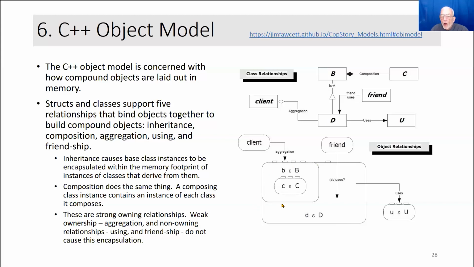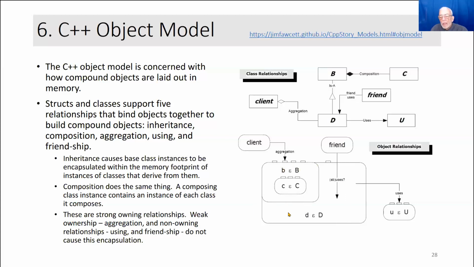Because B is always a part of D, that means that B has to be constructed when D is constructed. It occupies part of the region that D occupies, and to have a valid D object, we must have a valid B object.